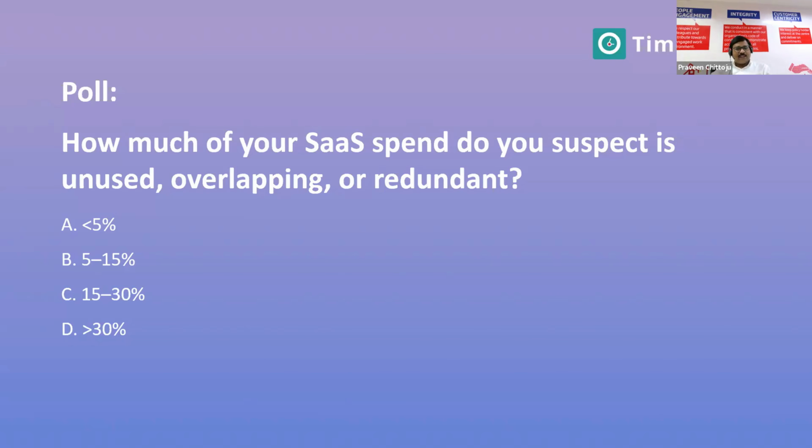The 5 to 15% option is around 26%, less than 5% is 18%, and greater than 30% is 9%. So 9 plus 9, it is around 45%, and in total they don't have a clear picture about the tools.